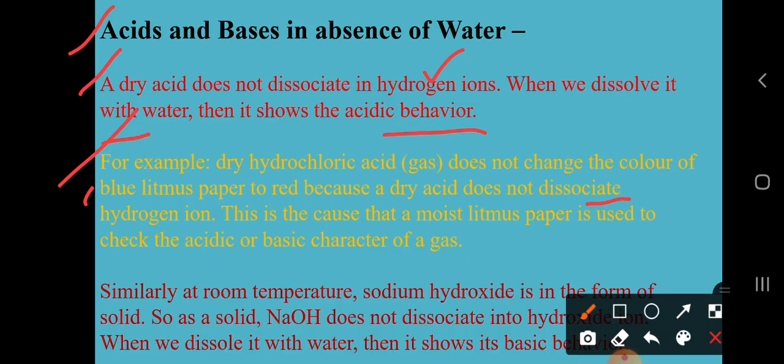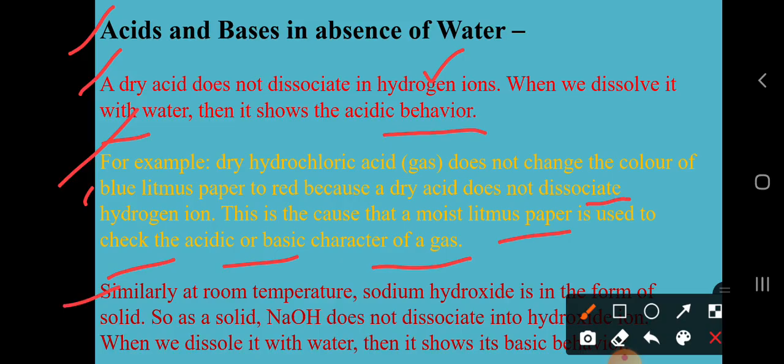So hydrogen ions will not be dissociated, and this is why moist litmus paper is used to check the acidic or basic characteristics of gases. Okay, so we use litmus paper to check the acidic and basic behavior of gases.